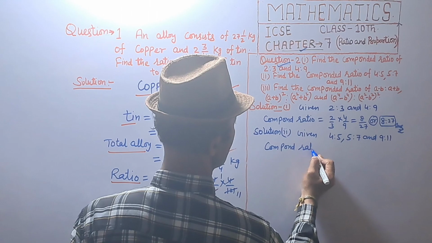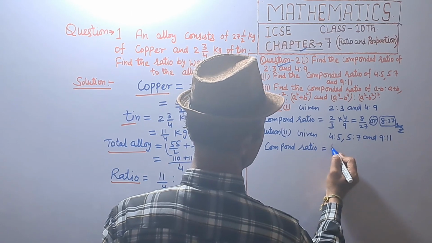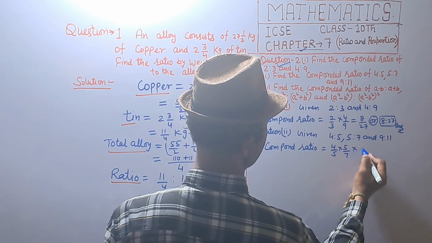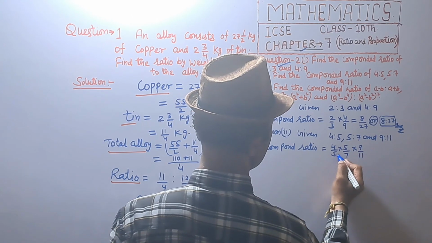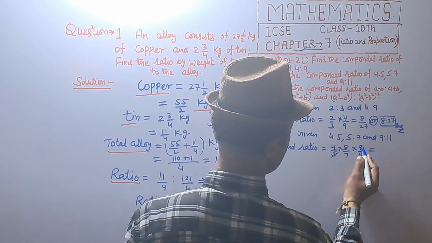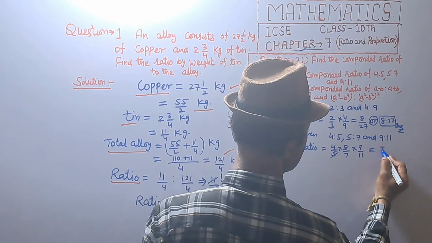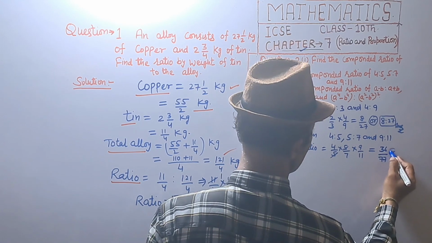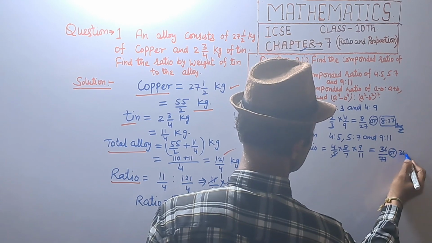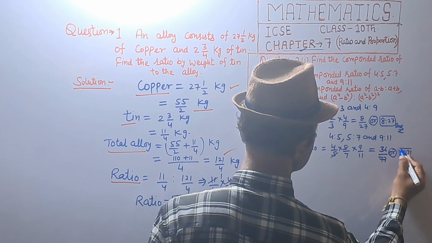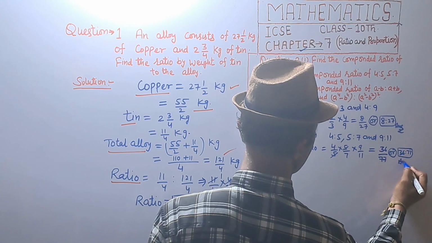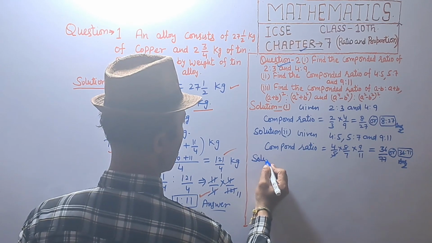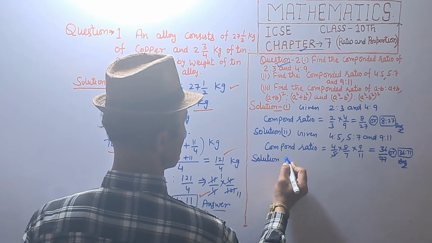Compound ratio is equal to 4 upon 5 into 5 upon 7 into 9 upon 11. 5 is cancelled. 9 4s are 36 upon 77, or 36 ratio 77, answer. Solution.